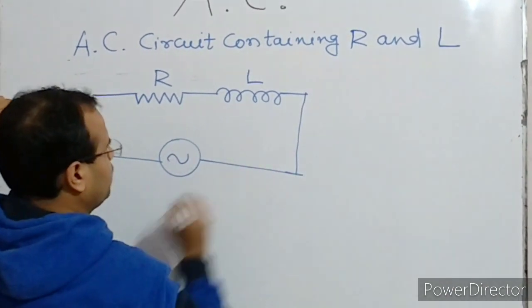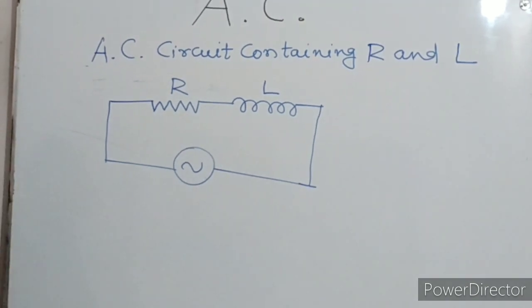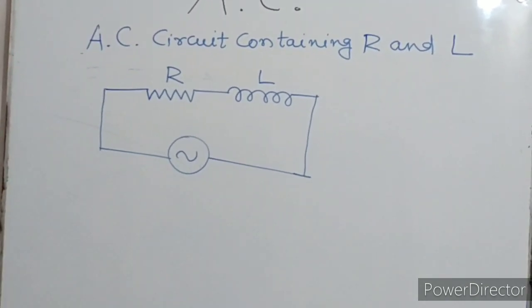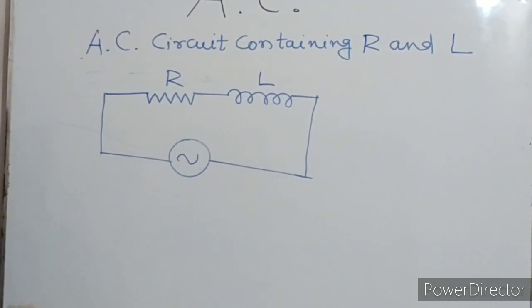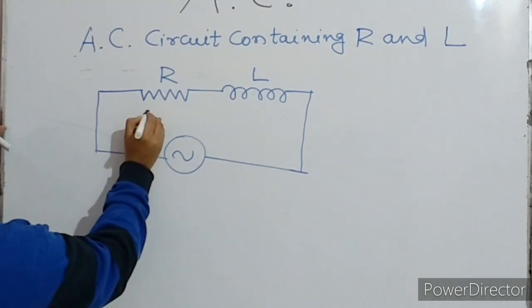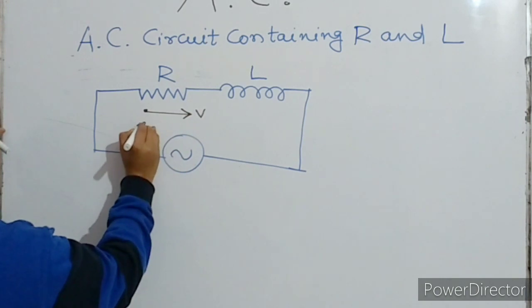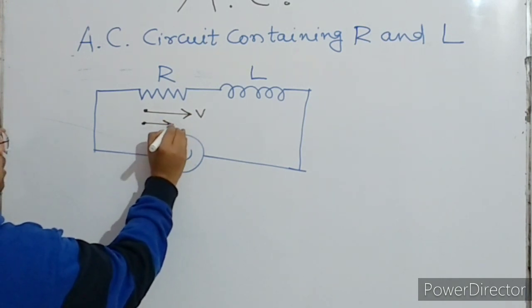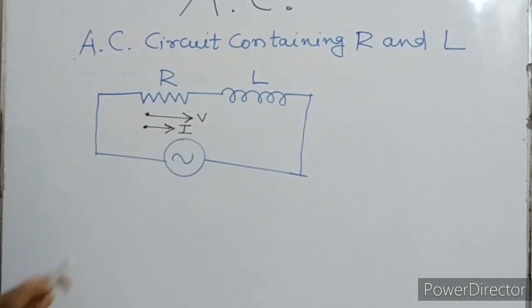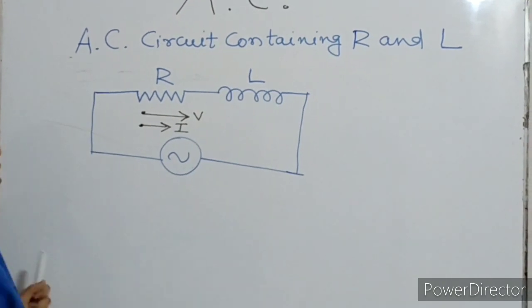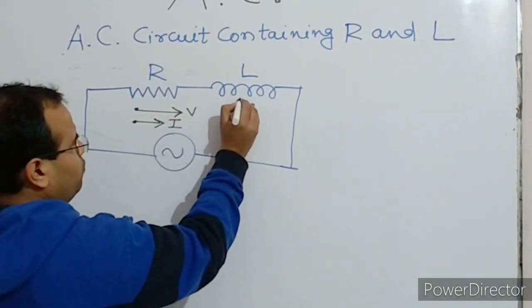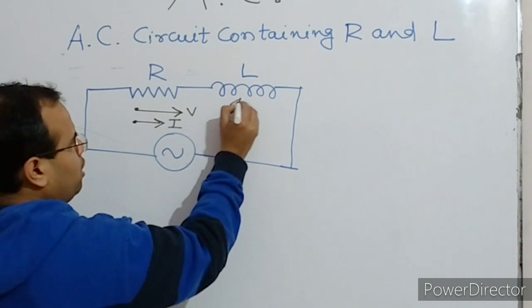Now as far as their behavior is concerned, you know that the voltage and current both are in the same phase as far as the resistance is concerned. But as far as the inductor is concerned, the voltage leads the current.